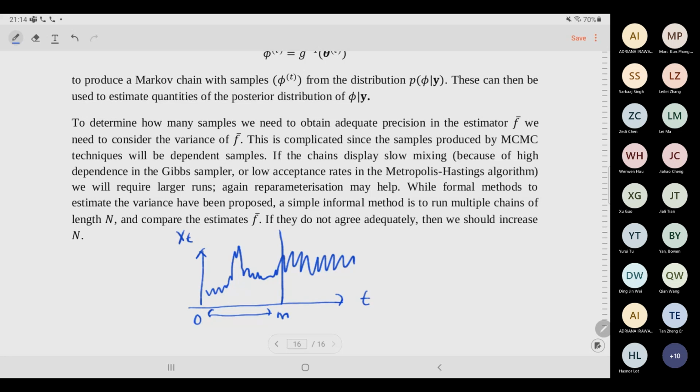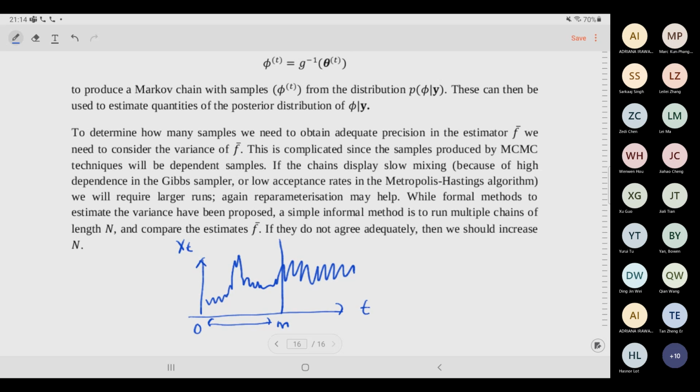You don't use it for inference purposes. You can think of it as the earlier part of the sample. Because if you use a Markov chain, we assume that the sample will converge, but in the earlier part, maybe it has not converged yet.